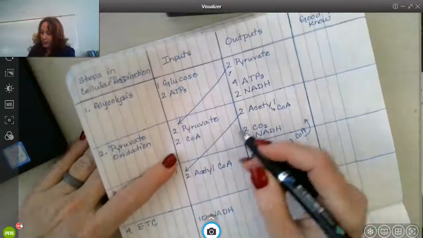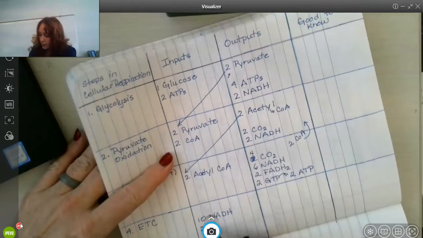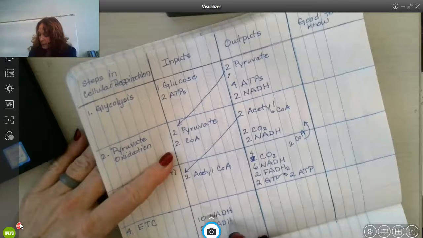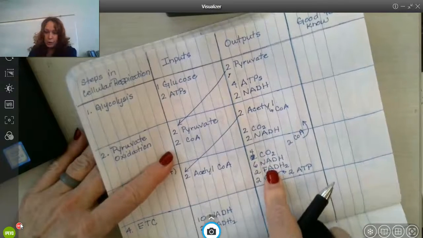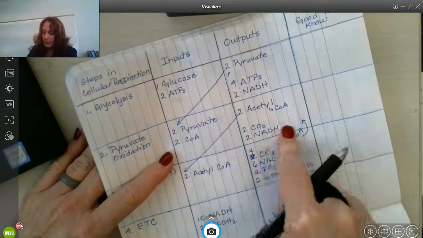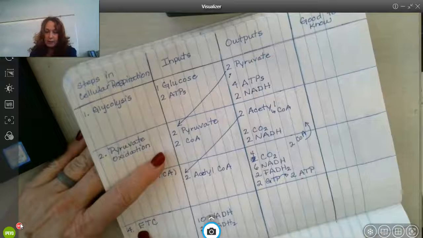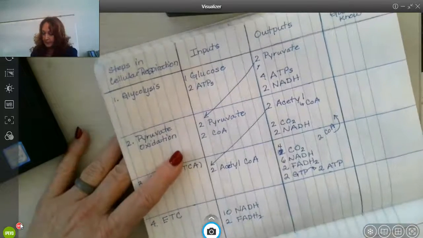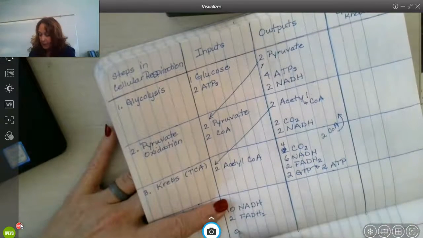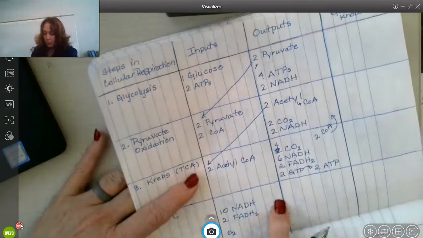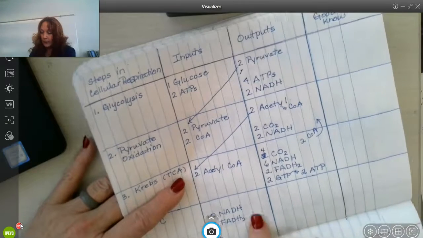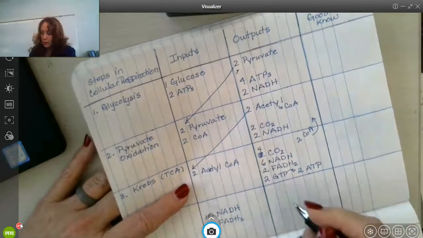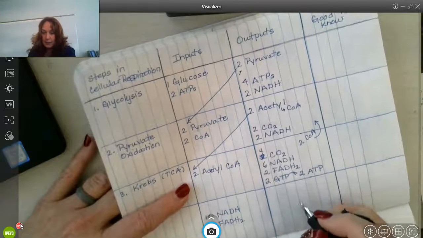So let me go down here and put my 2 FADH2, which I got here. So now we've accounted for all the electrons to start the electron transport chain. I have to have oxygen, or it won't work. And when I'm done, I end up with ATP.